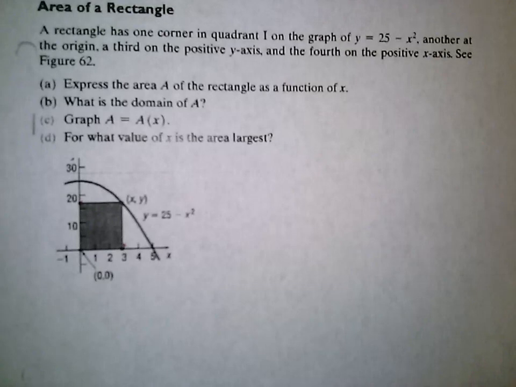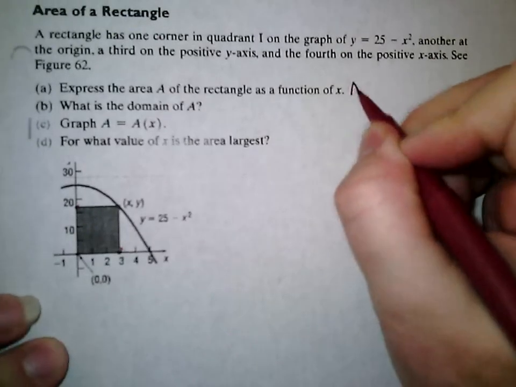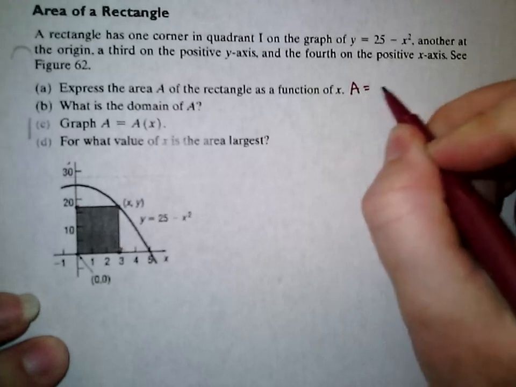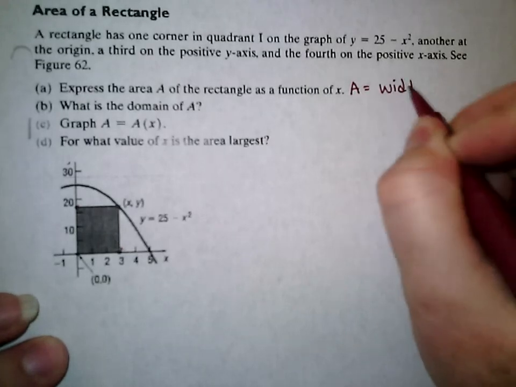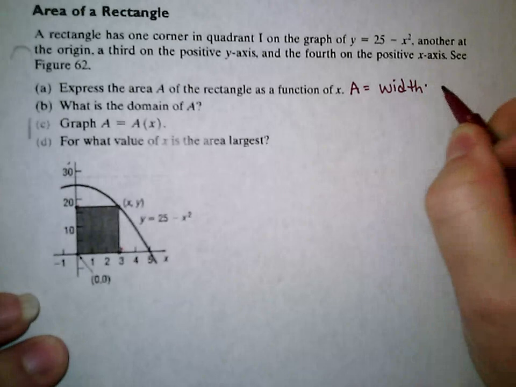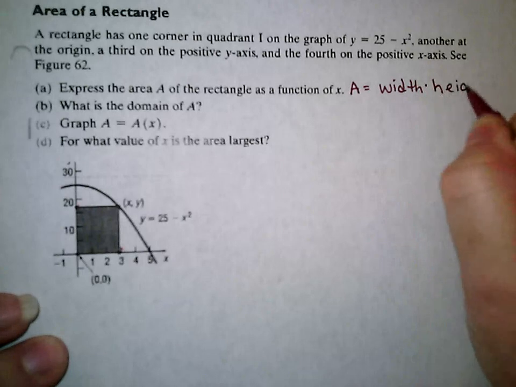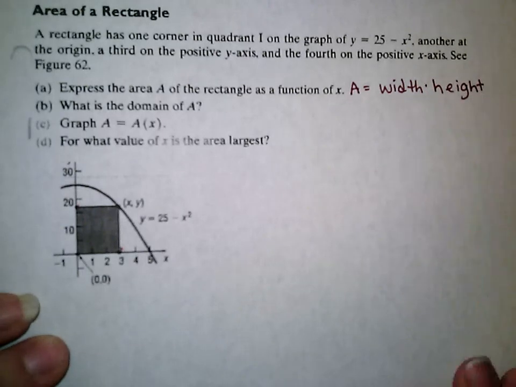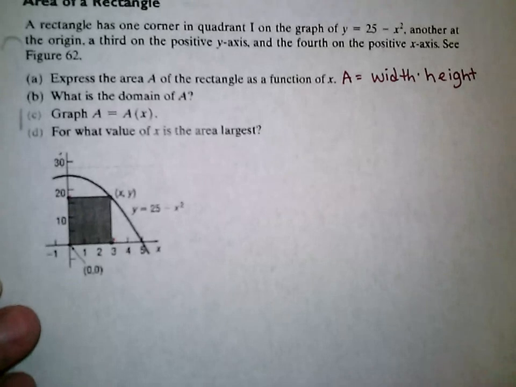Remember, area of a rectangle is its width times its height, or its length times its width, or however you express that. Area is width times height, length times width, whatever it is. And so we need to figure out what is the width of that rectangle and what is the height of that rectangle.